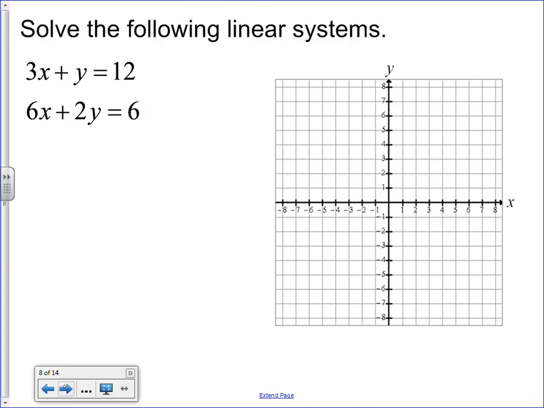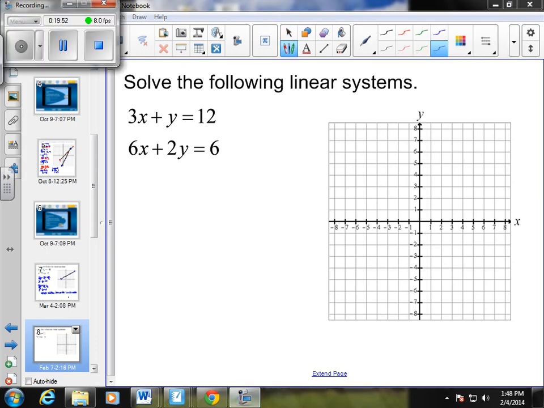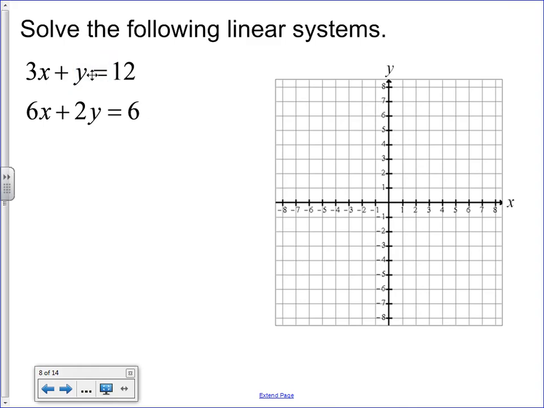Okay, next one. The next one here, I'm going to give you a minute. I want you to rearrange this into y equals mx plus b and plot the line. See what you get. Okay, Vic, you're up. Good, so what do you write?